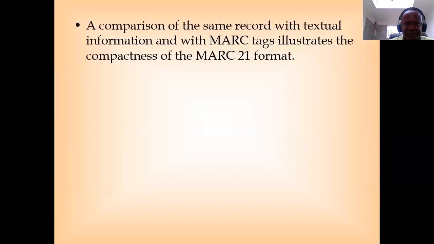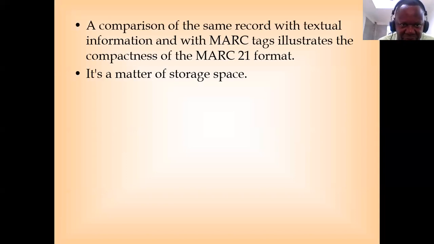And I want to show this to you, and you will notice that the MARC tags will compress the info that we present in our cataloging record. It's a matter of storage space, of course.